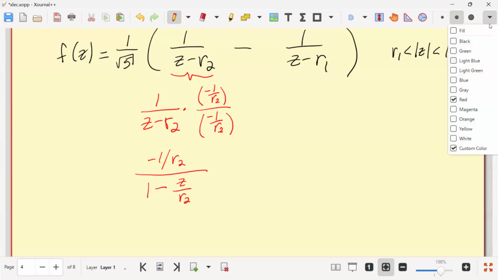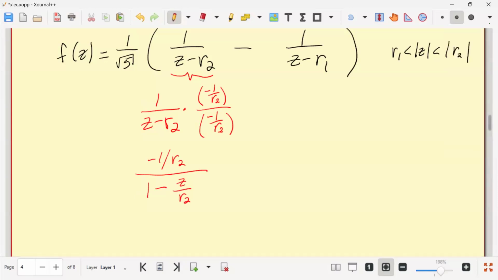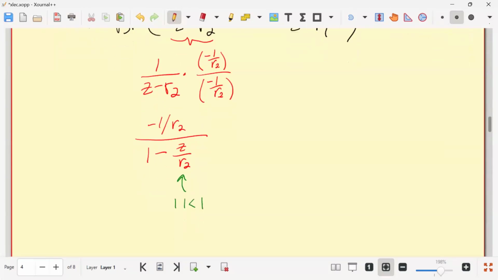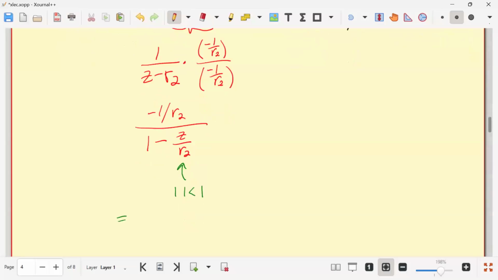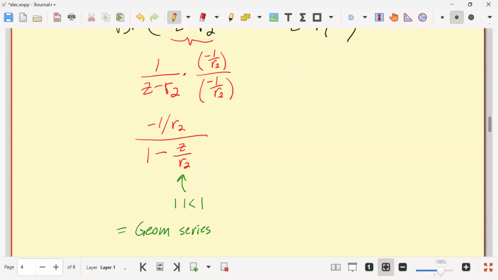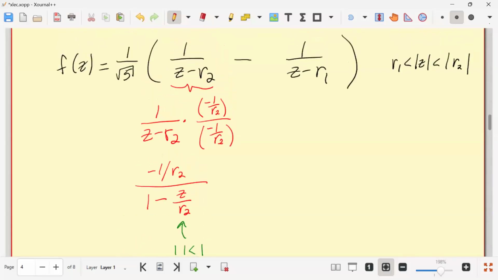And the good news is that's less than 1. The modulus is less than 1, so this is a geometric series. And so it's the part of the Laurent expansion that looks like an analytic thing. That's just a geometric series. Okay, the other one's more interesting in this case.